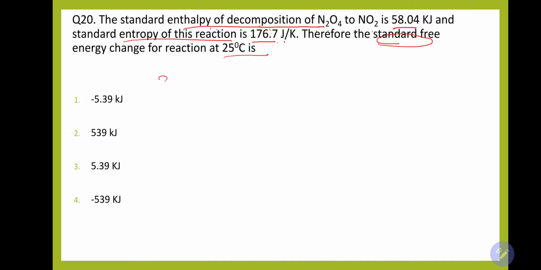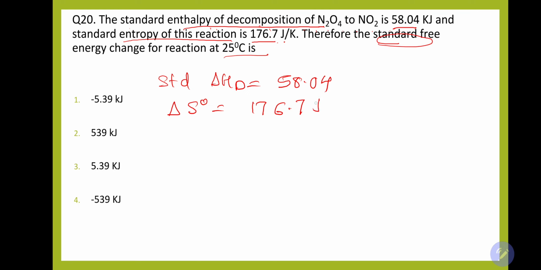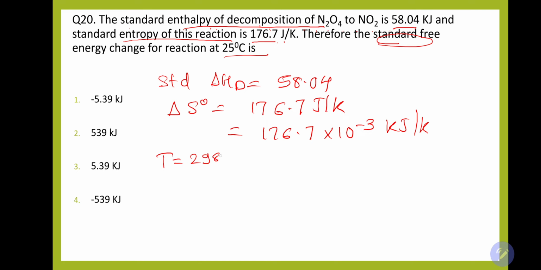So let's write what is given. Standard enthalpy of decomposition is given as 58.04. Standard entropy, that is delta S naught, is given as 176.7 joules per Kelvin, converted into kilojoules, that is 176.7 into 10 raised to minus 3 kilojoules per Kelvin. We have given the temperature as 25 degrees Celsius, so temperature in Kelvin is 298 Kelvin.